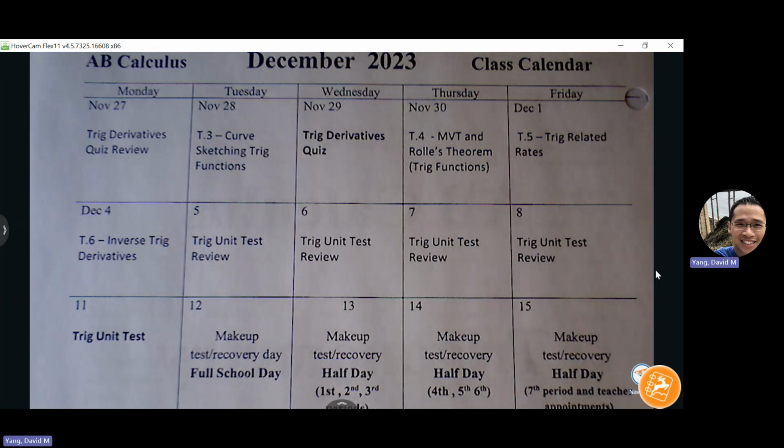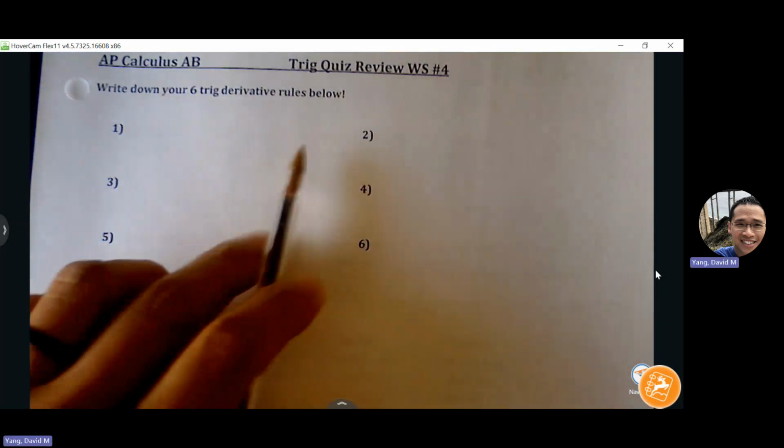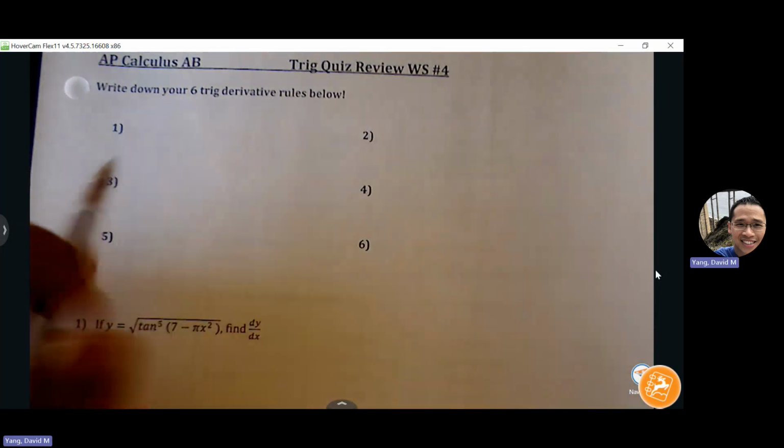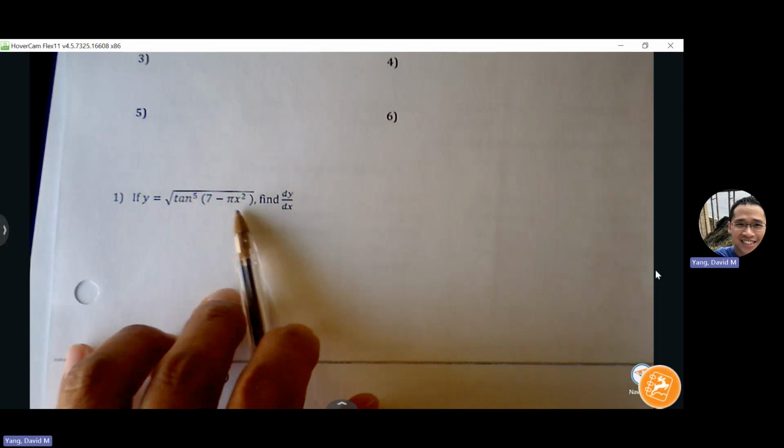Okay, so worksheet 4. Before I have you guys write down the rules, let me just go through what steps we will want to take for each of these problems here. So for number 1, we have the square root of tangent to the 5th power of 7 minus pi x squared.